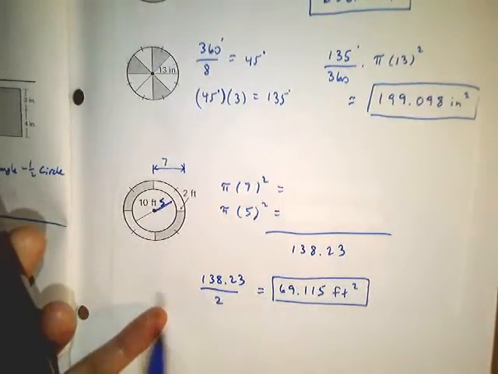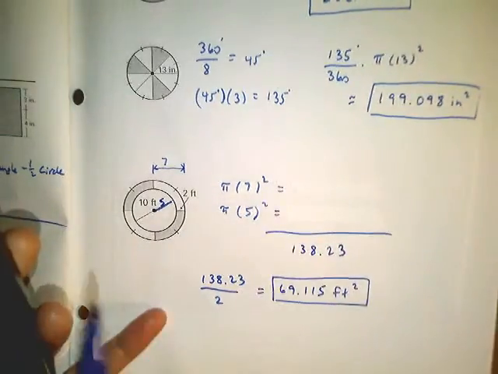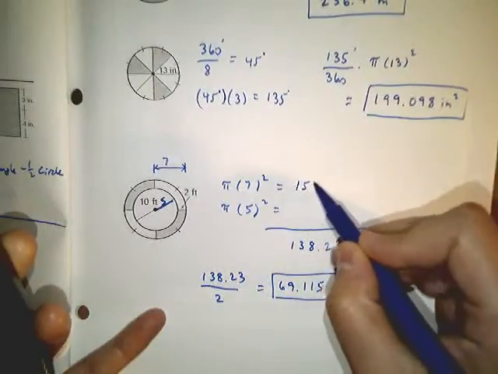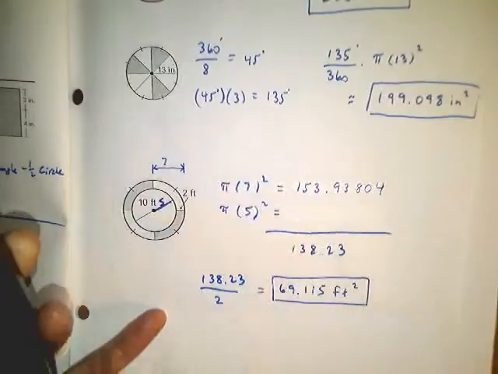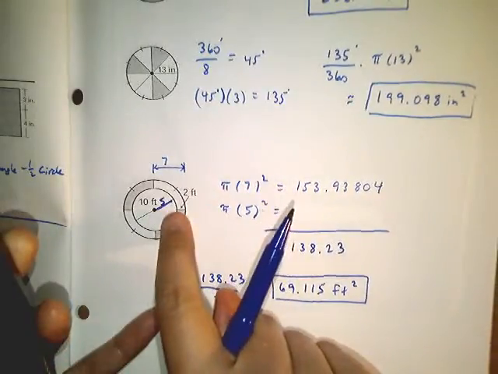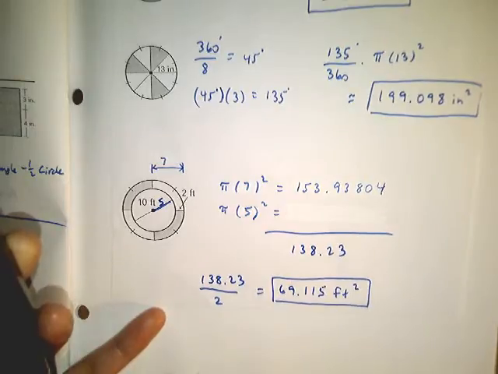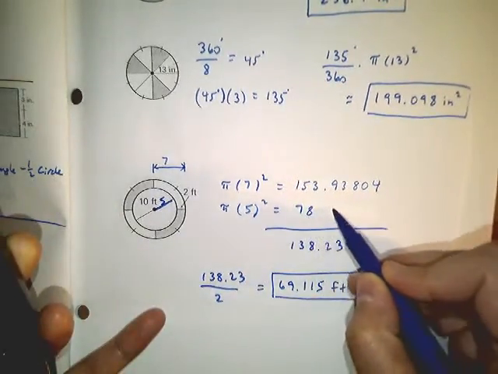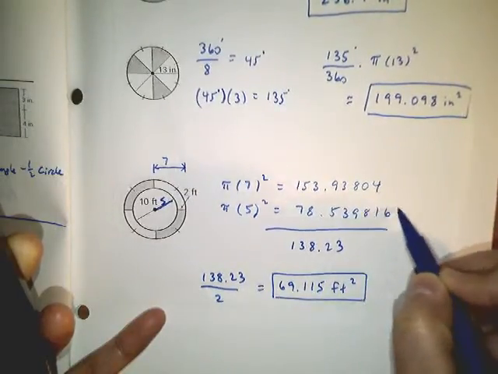So, assuming my reinterpretation of this question is correct, 7 squared is 49, and 49 times pi gives you 153.93804. And then if this small circle has a radius of 5, that would be 25 times pi for the area. And that gives me 78.53981634.